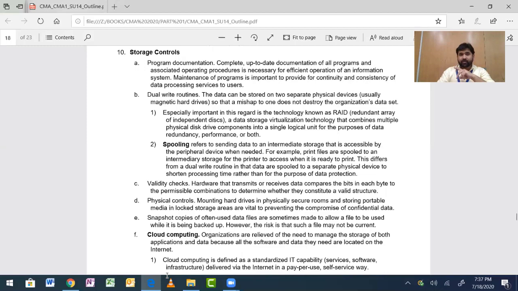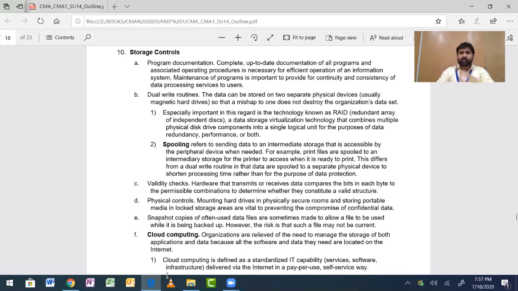Okay, I lost it somewhere in this. So complete up-to-date documentation of all programs and associated operations is necessary for efficient operation of the system. Maintenance of programs is important. So what do they want to say here? They have just said how important program documentation is. Okay, we know that.